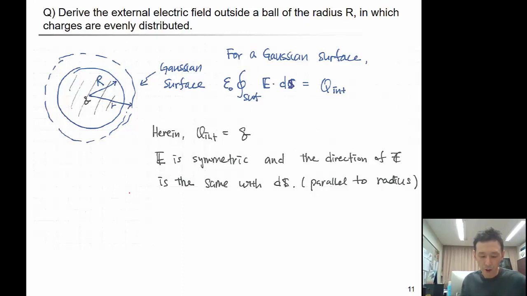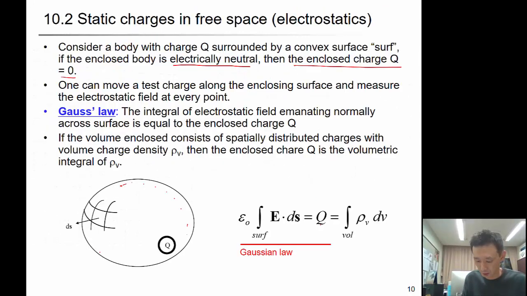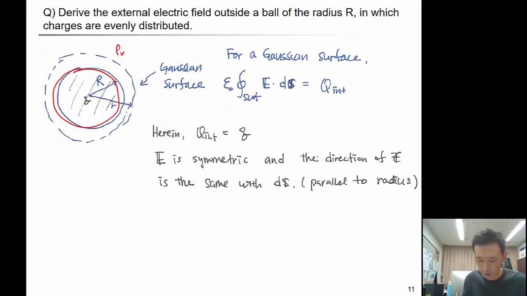So we can derive the external electric field outside a ball of radius r in which the charges are evenly distributed. If we have a ball, and inside the charges are evenly distributed, it will have the charge density rho v. Then for a Gaussian surface, epsilon times the surface integral of E dot dS is Q enclosed. The enclosed charge capital Q is the same as the small q.